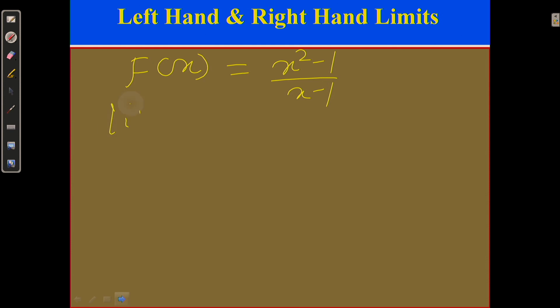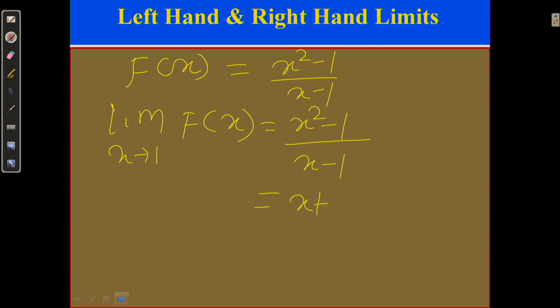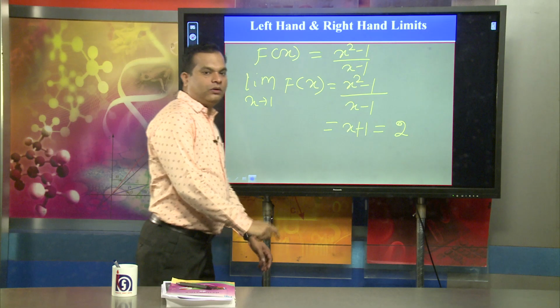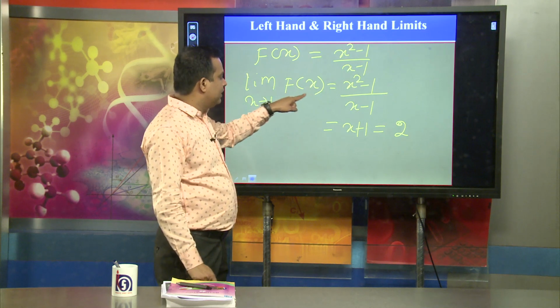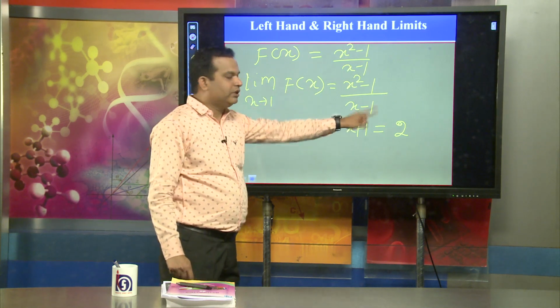Limit x tends to 1, f of x equals x square minus 1 by x minus 1, which you know gives x plus 1, which is equal to 2.